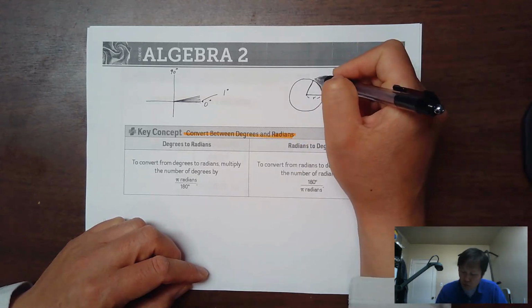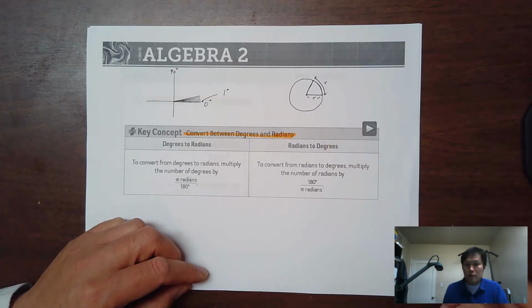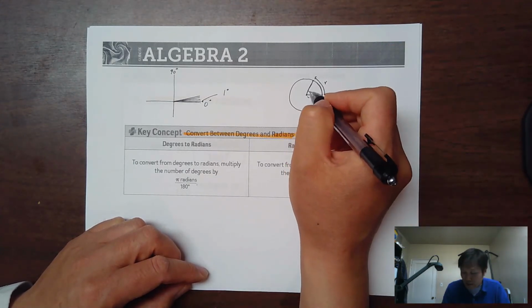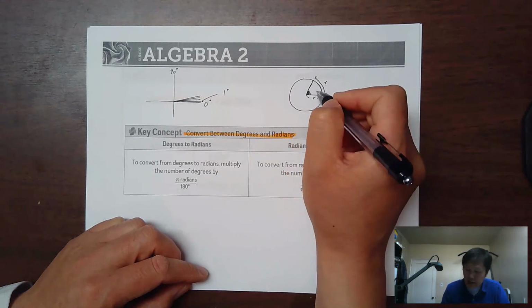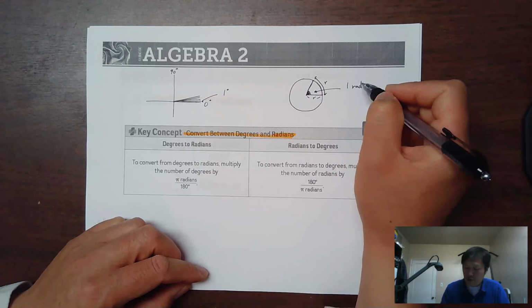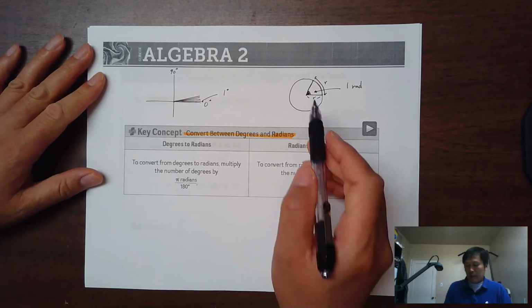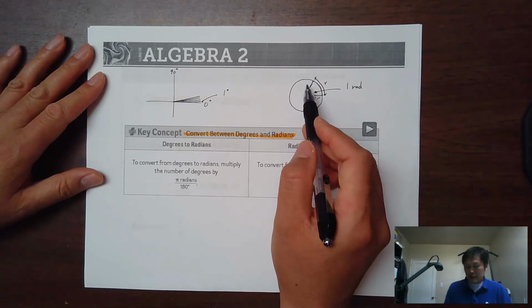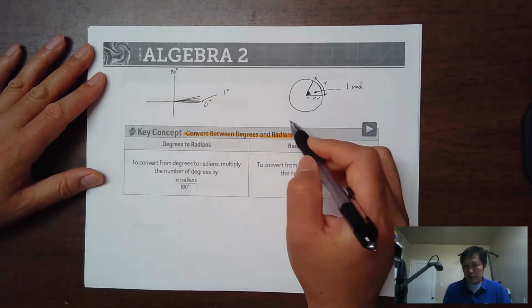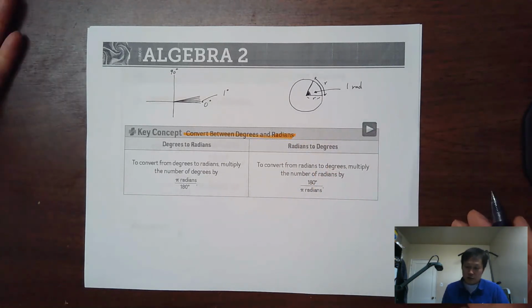You go by radius from here. That angle, whatever that is, we call that 1 radian. So 1 radian is this much angle. Even though the size of the circle changes, that angle of radian will be exactly the same for every circle.